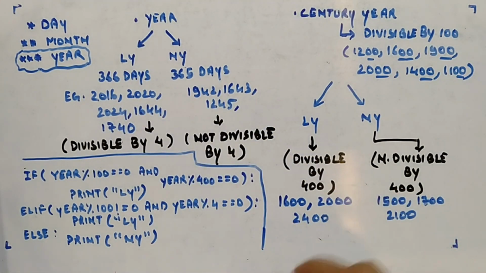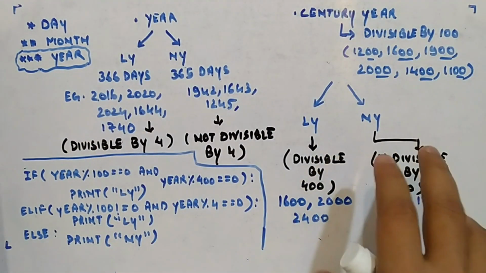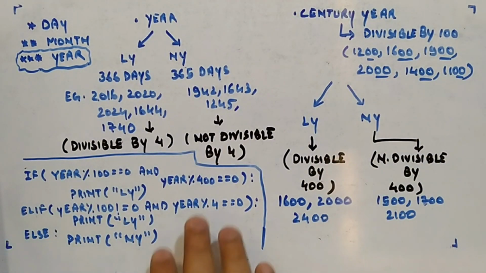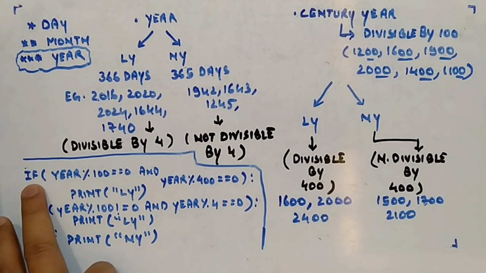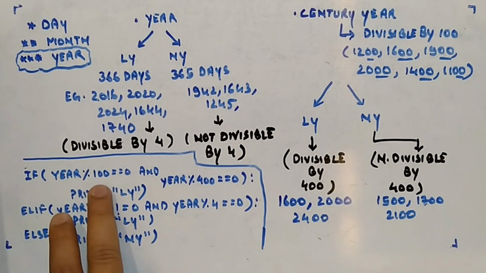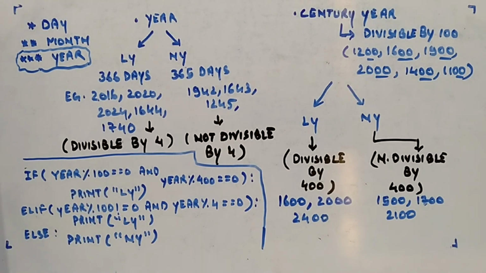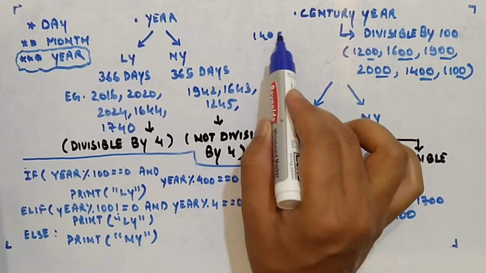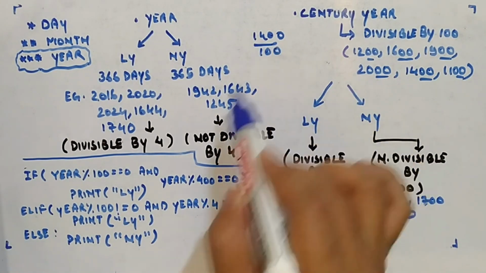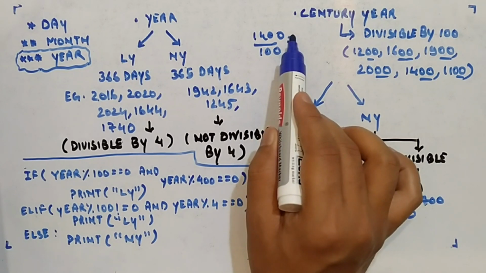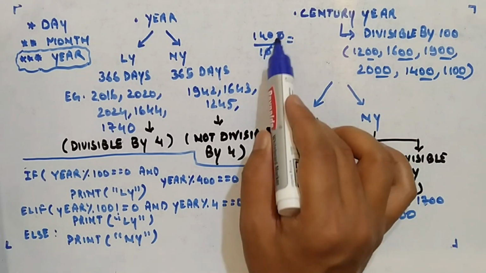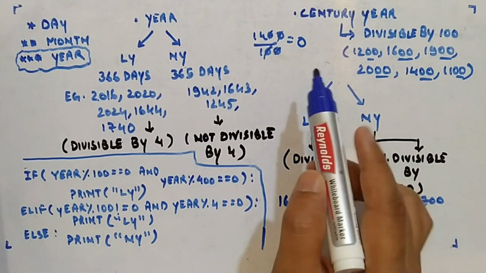So how are we going to code this? These two conditions I have coded here. If your year is divisible by 100, see the modulo sign I have used, it calculates the remainder. Let's say you have year 1400, it divides by 100 and checks the remainder. It is completely divisible, so 0 will be the remainder.